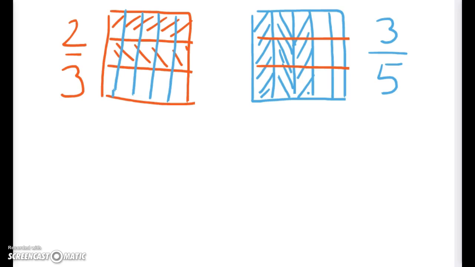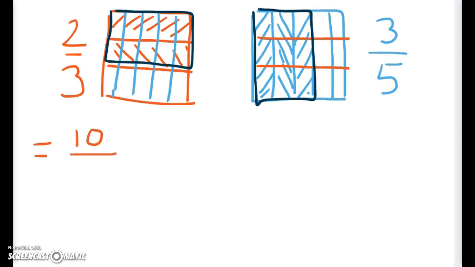Does this make sense? So if we look at the quantity that is left, which I have marked off in black over here on both cakes, I think we can see that the 2/3 is equivalent to 2 rows of 5, which is 10, out of what would have been 3 rows of 15. And the blue cake, we have 3 columns of 3, which is 9 pieces, out of what would have been 5 columns of 3, which is 15.